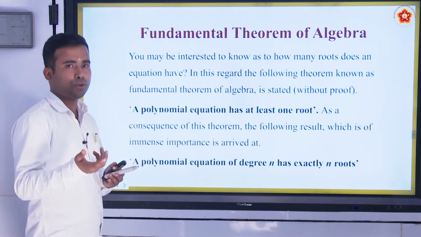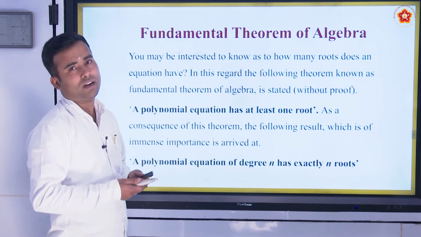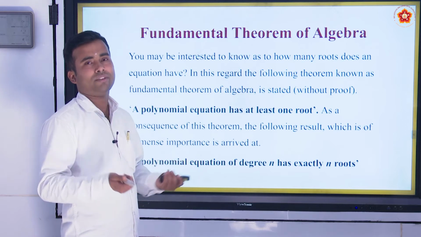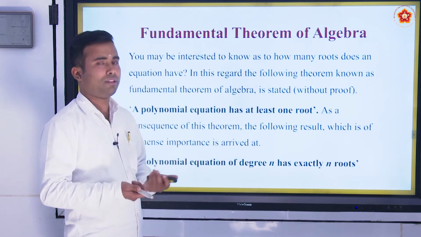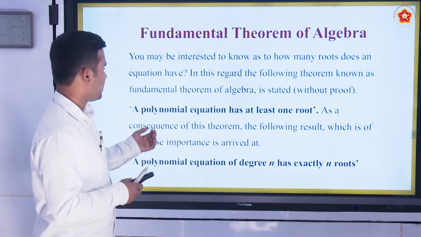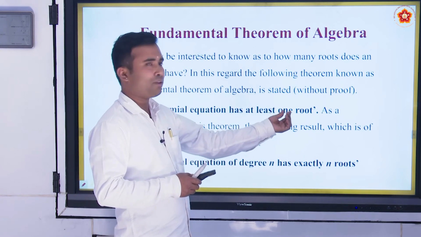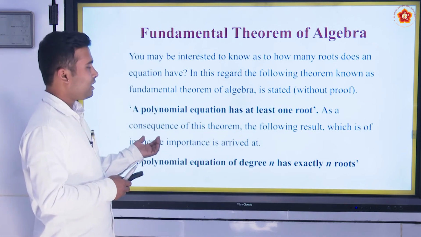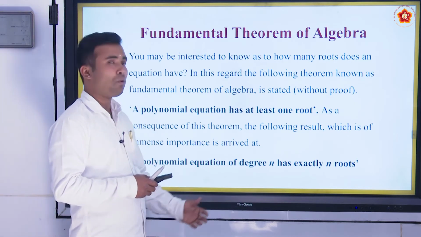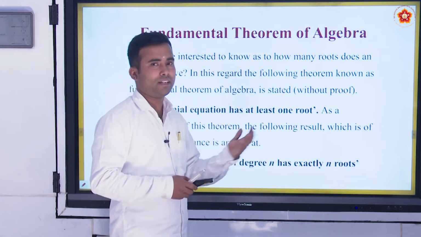Suppose a cubic equation, definitely we will have three solutions or three roots for that. If a polynomial equation has degree 4, then the number of solutions will be 4. Like that, a polynomial equation has at least one root, and the consequence of this theorem is, for a polynomial equation of degree n, the number of roots will be exactly equal to n.